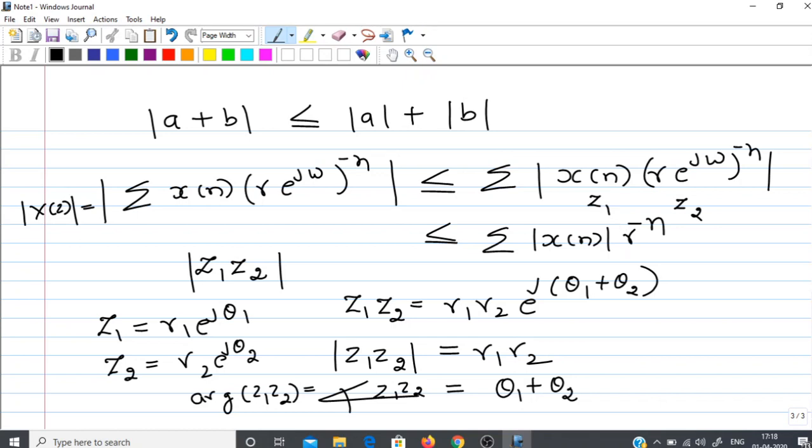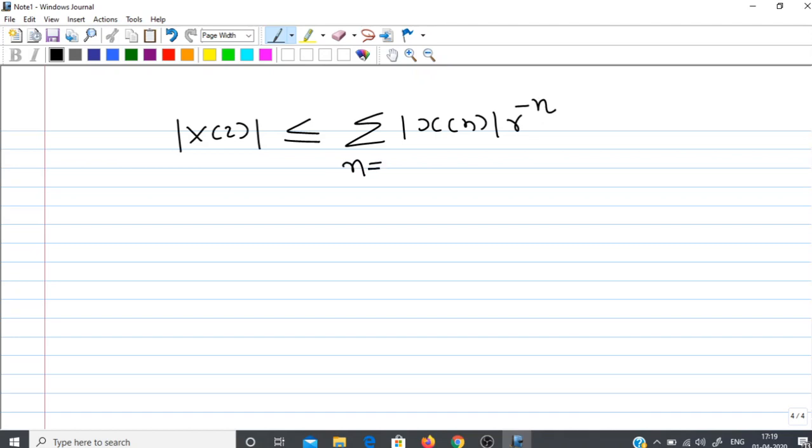So what do we conclude from this discussion? We conclude that mod X(z) is less than or equal to the summation of mod x[n] r to the power minus n, where n is running from minus infinity to plus infinity.